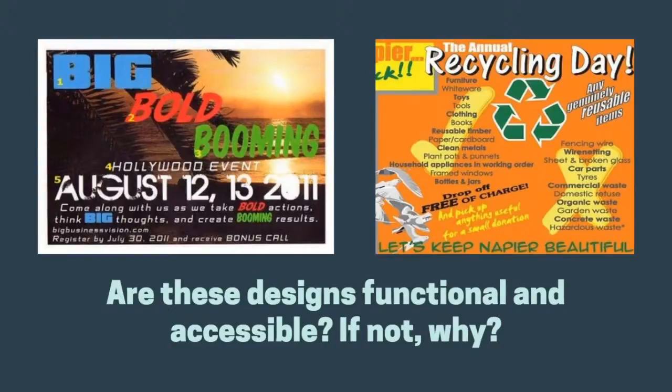Even after reading this entire thing, I'm still kind of confused as to what the event is, but the beach picture gives me the impression that it's on the beach, but you don't really know. And their color palette does not scream beach or summer to me, or even Hollywood, honestly.